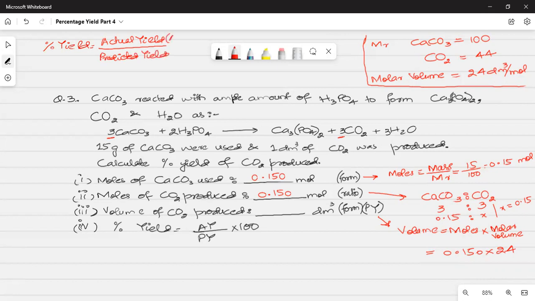I've taken this as AY, I've taken this as PY and then multiplied by 100. So this is what I've done over here. So I've made the formula simple. Instead of every time writing the whole thing, actual yield, I'm representing it with AY and predicted yield by PY. This is for my own ease. You don't exactly need to do that in the exam, but even if you do, that's fine.